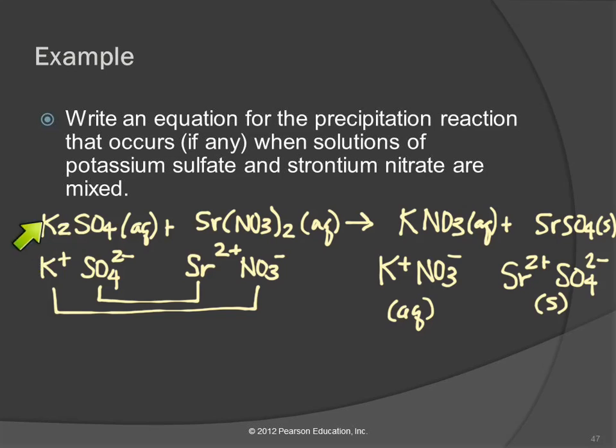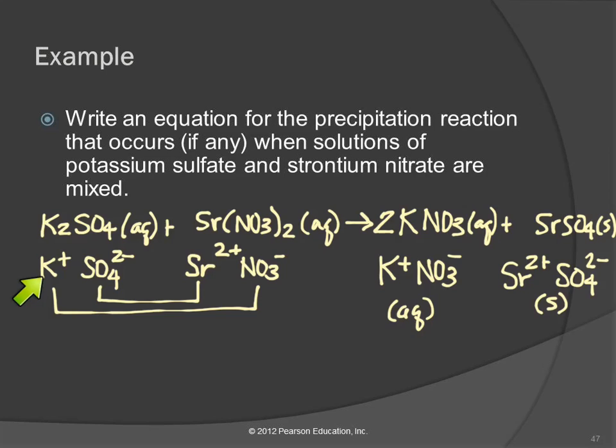So over here we've got 2 potassium ions. Over here we only have 1. So we need to put a 2 in front of the potassium nitrate. Remember, you can't change the formulas for the compounds. Over here we've got 1 sulfate. You can balance the sulfurs and the oxygens separately, but it's easier to do them as a unit.